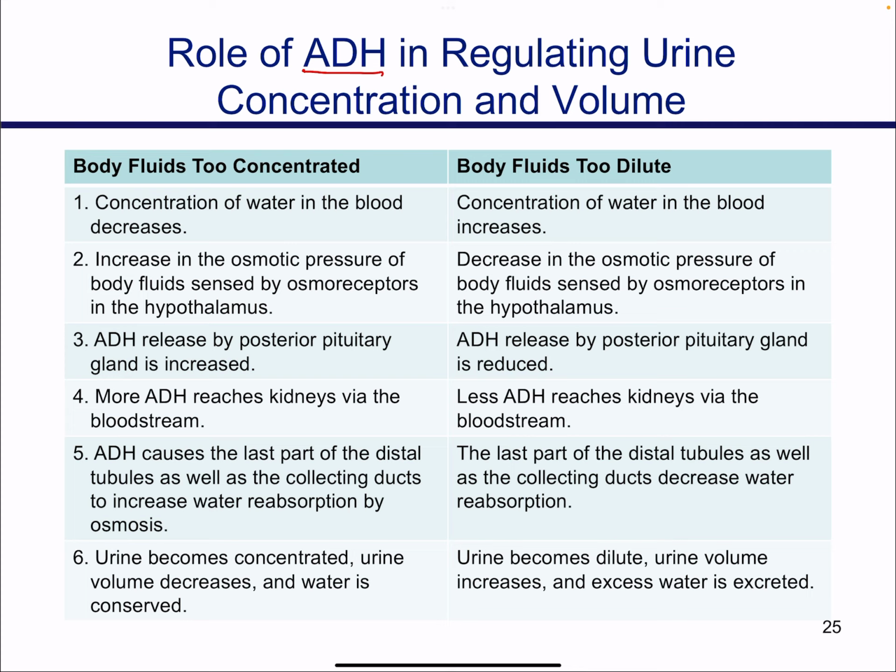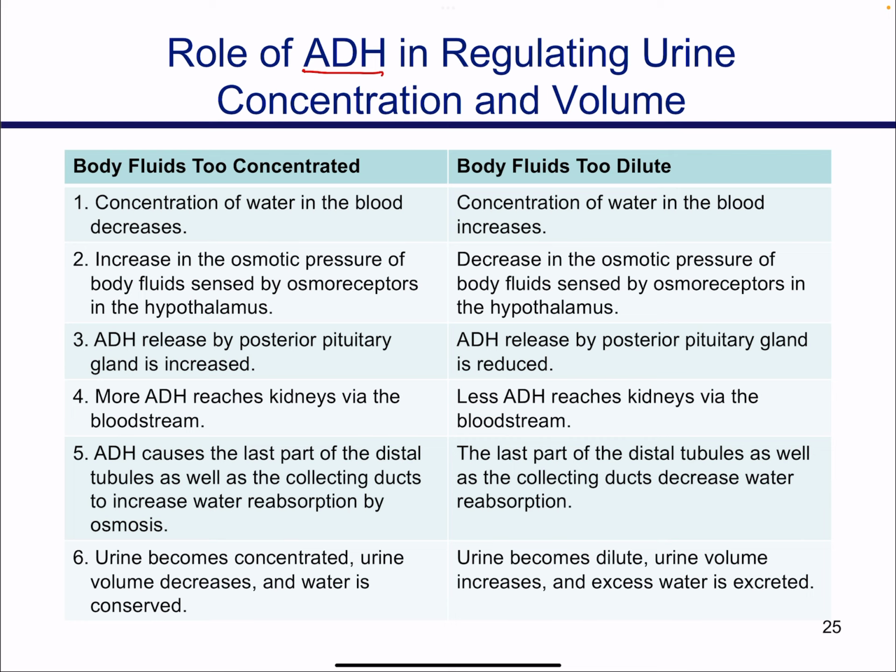At night time, typically your amount of ADH is going to increase, right? As you increase the amount of ADH that is produced, your urine formation is going to decrease, which causes you to use the bathroom less when you are sleeping, right?